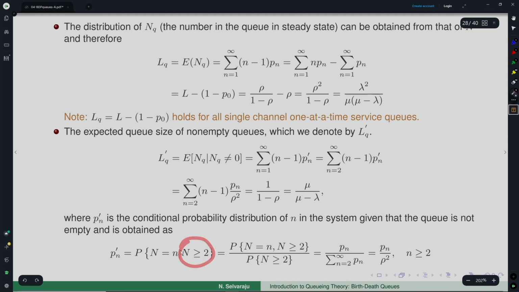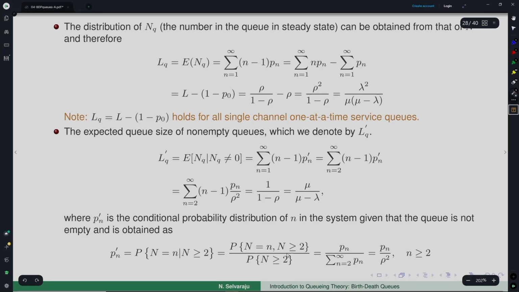Given that this is the case, what is the probability that N is equal to n? This is your Pn dash. It will be a truncated distribution, excluding the points 0 and 1 in the usual geometric one. This conditional probability is the numerator divided by the denominator. The numerator, N greater than or equal to 2 and N equal to n, is simply Pn for n greater than or equal to 2.